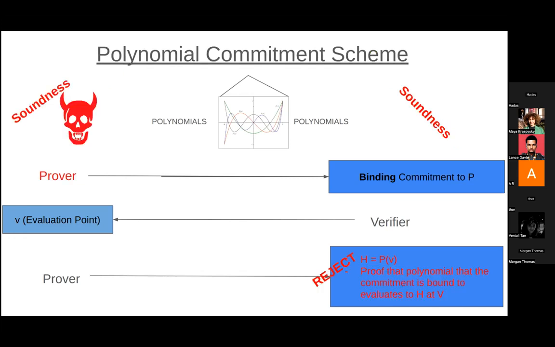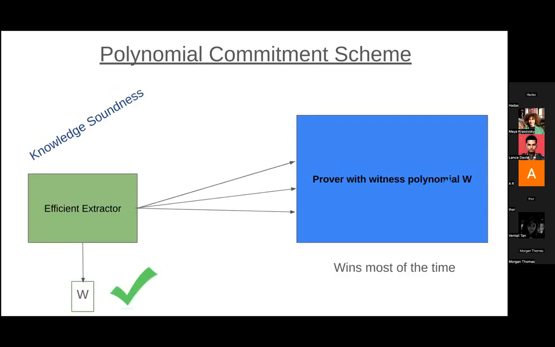The other one is soundness, which is arguably more important, which says a malicious prover will have their proofs rejected with high probability. And then another, more philosophical requirement is knowledge soundness, which says that there's no way that a prover could come up with a commitment that is accepting if it doesn't actually know a polynomial that is a proper witness.